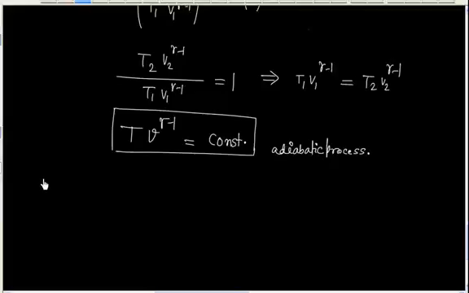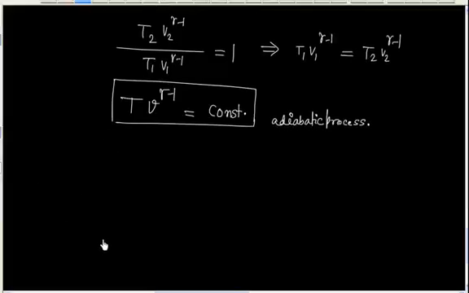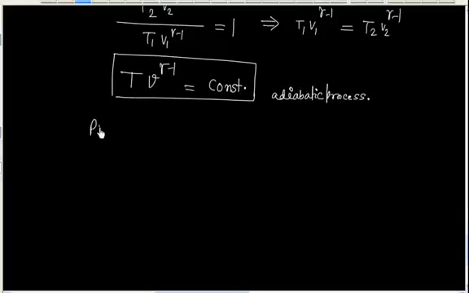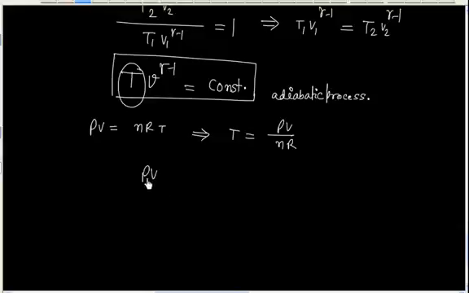Now we can also write the same equation in terms of pressure and volume, because we know PV equals nRT. So temperature equals PV by nR. If I plug the value of temperature in this equation, we will have PV by nR times V to the power gamma minus 1 is constant.